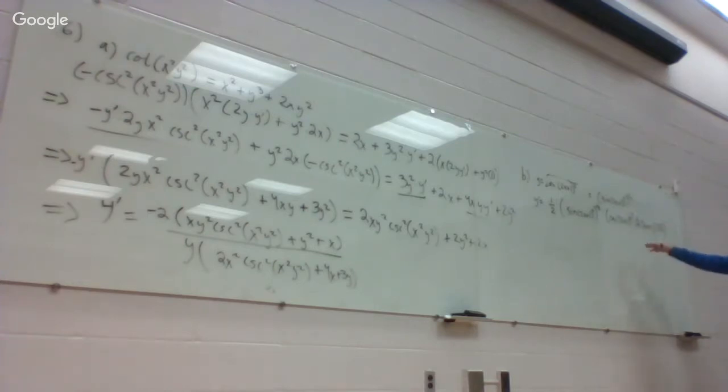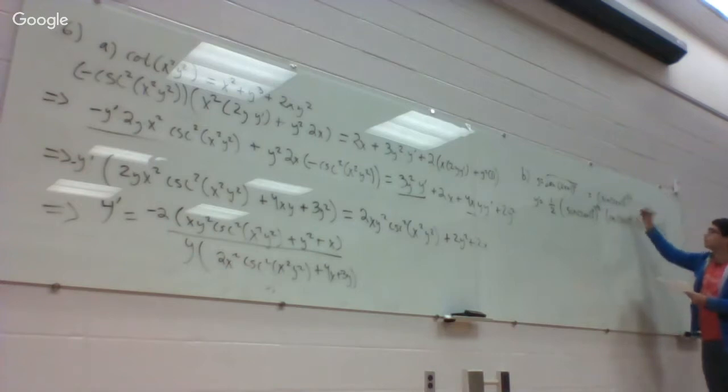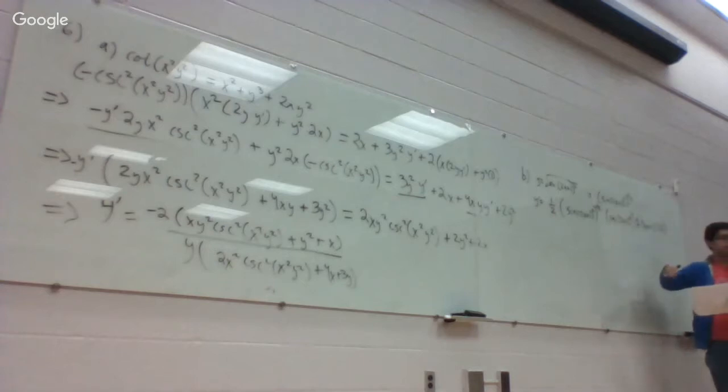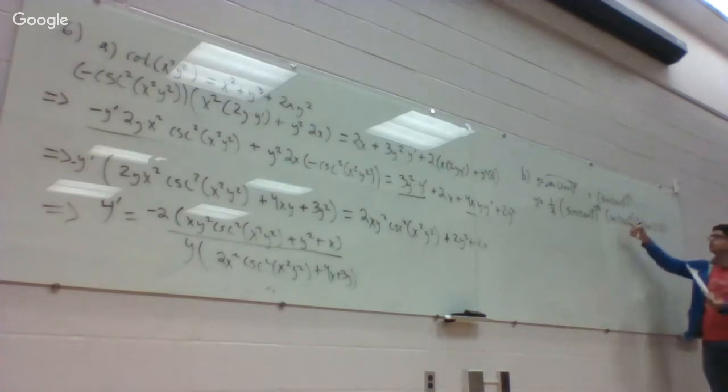Now, something that people get confused on is that the square is on top of the 2x plus 1. It's not sine squared. If it was sine squared, we take the 2 down and then we write sine and then do cosine.